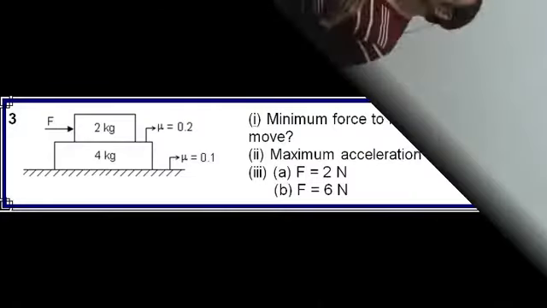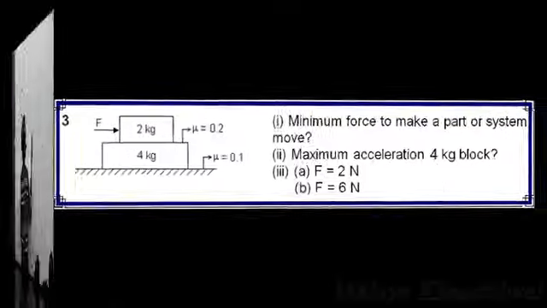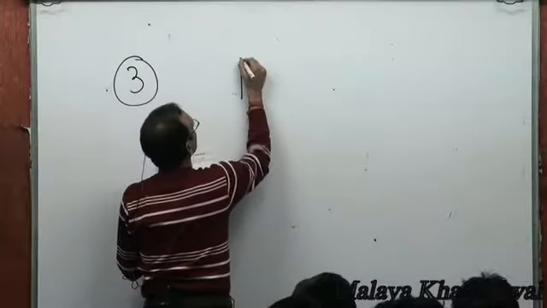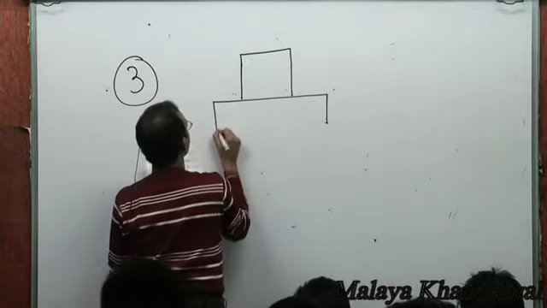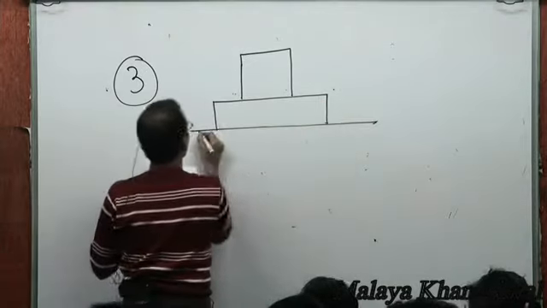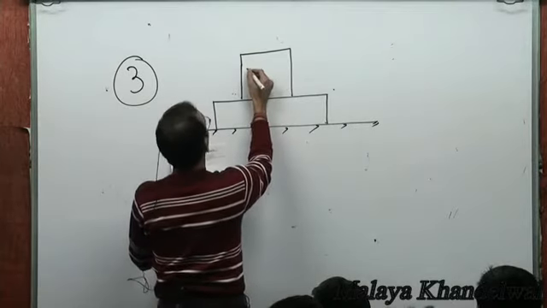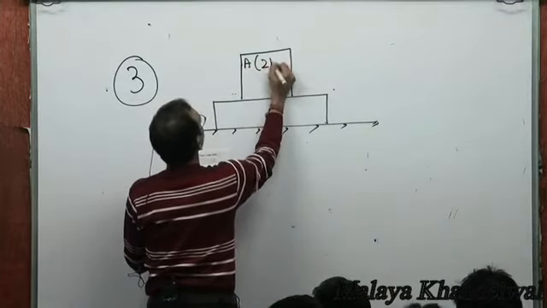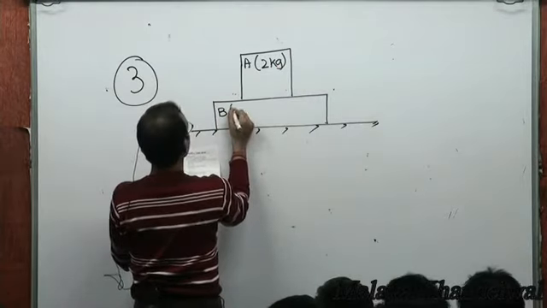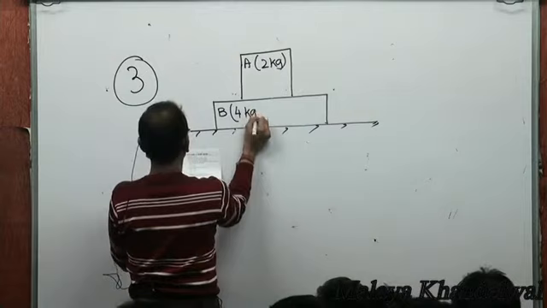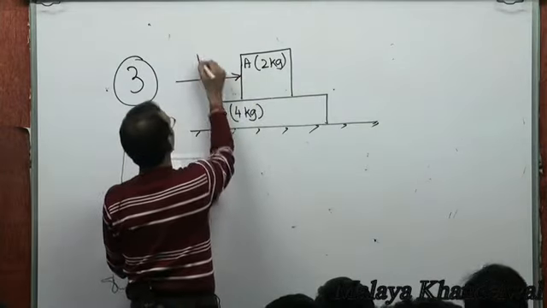Now we have another system with slight modification. This is block A with mass 2 kgs, block B mass 4 kgs, capital F applied on the upper block.